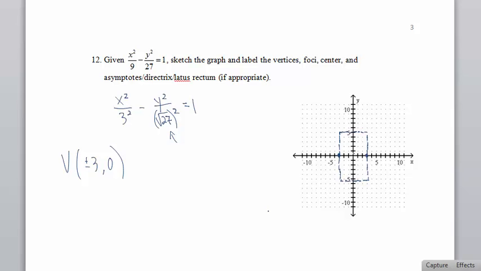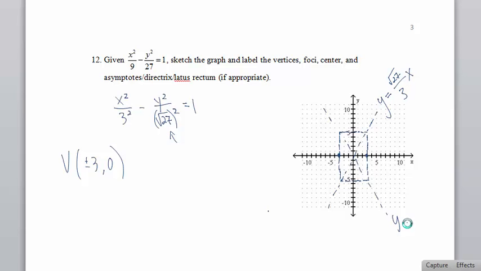I like to do the asymptotes next. So there's one asymptote. Okay, and that has the equation y equals the y value over the x value for the slope. We can see that's over 3, up root 27.